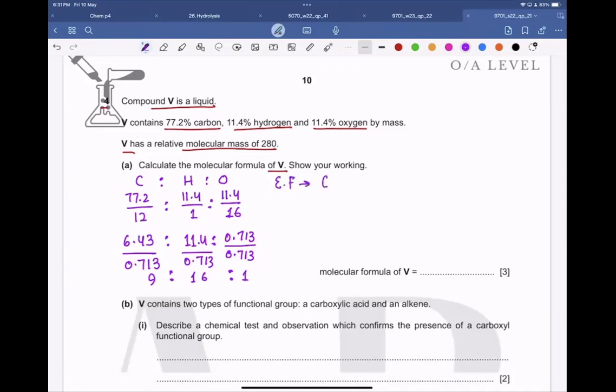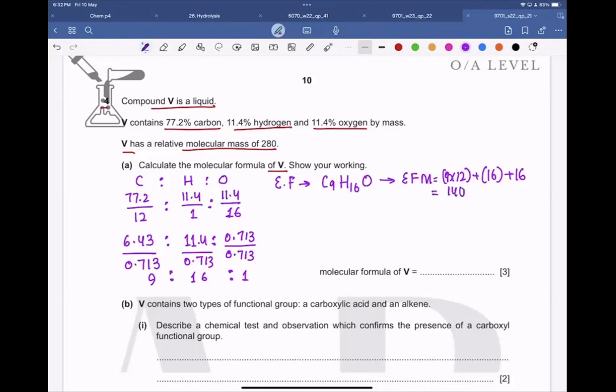Its empirical formula is going to be C9H16O. If I ask you to calculate the empirical formula mass, can anyone calculate it and tell me? It is going to be 9 times 12 because 12 is the AR of carbon, 16 for hydrogen's AR is 1, and 16 for oxygen. So 12 times 9 is 108, and 108 plus 32 is 140.